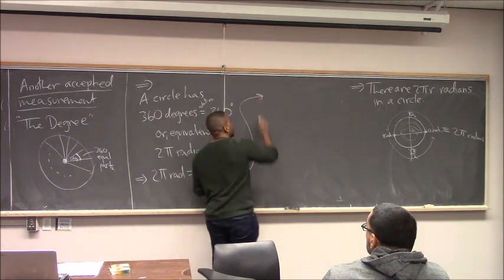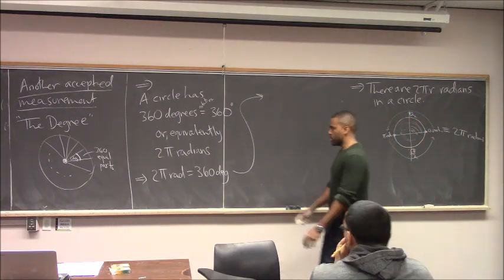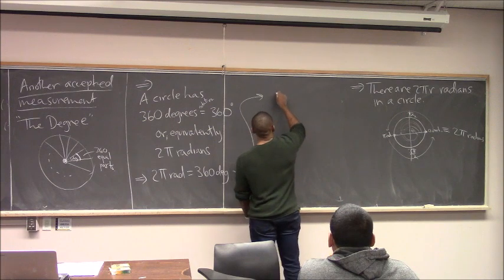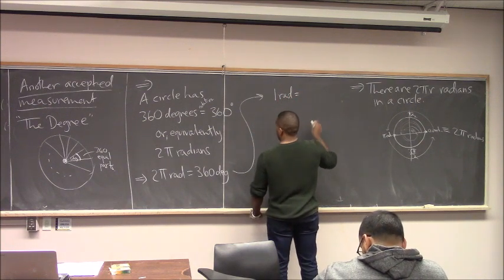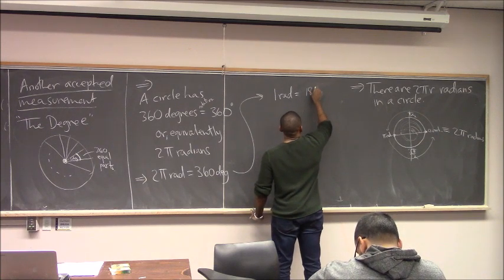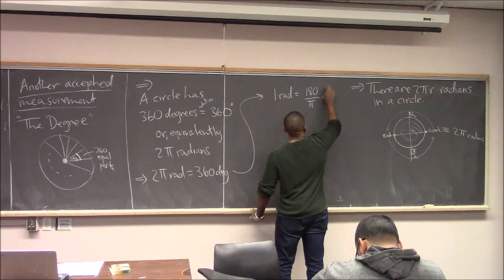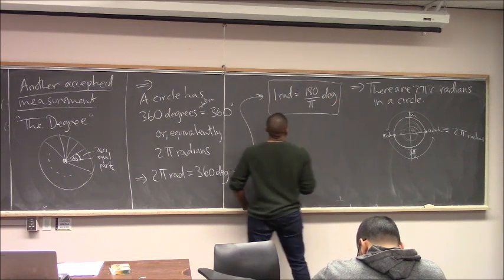Or in other words, we get the first 2 important equations. Well, all the equations so far were important. But we get the fact that we can measure 1 radian as being 180 over pi degrees. So that's one equation that we can use to convert.